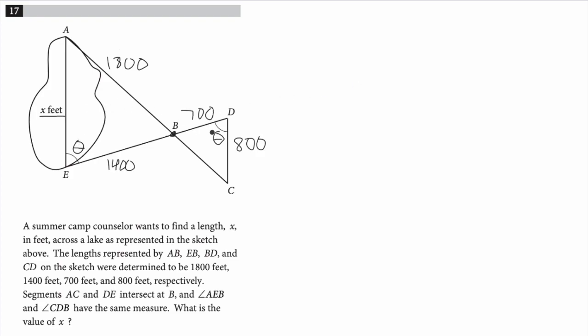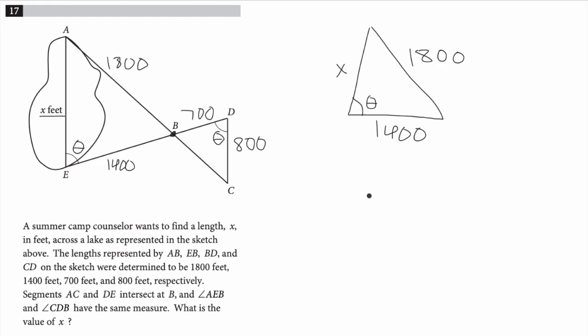So let's see here. This is one of the triangles, so let's draw that. This is the angle, and this is 1,800 feet, and this is 1,400 feet for an x. And over here, just angle it in the same way.